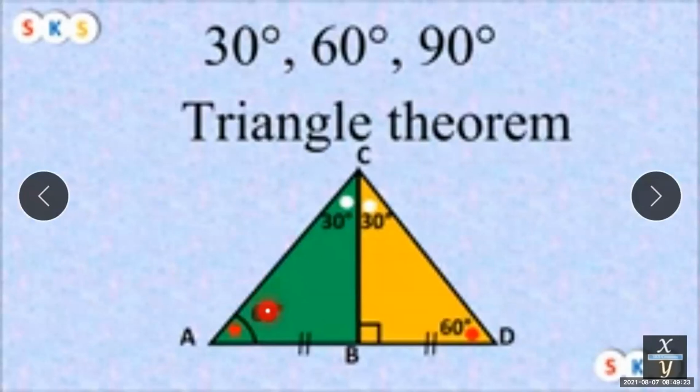Now based on this, we have to solve different examples. That theorem and the rule regarding this type of triangle will also be helpful for your 10th syllabus. So learn the theorem here carefully.